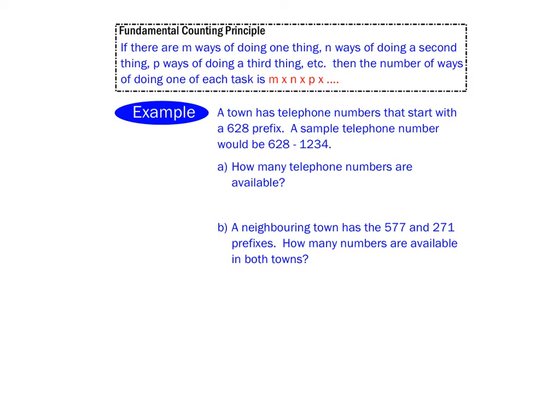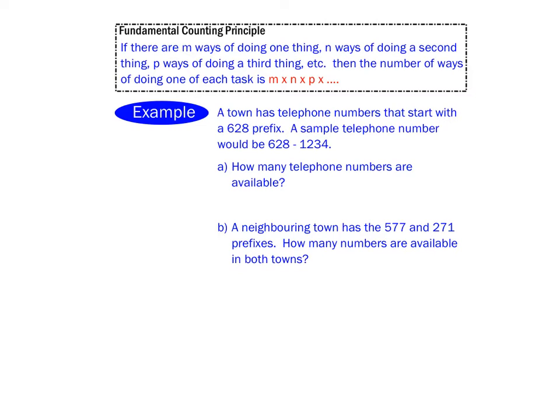If there are m ways of doing one thing, n ways of doing a second thing, p ways of doing a third thing, and so on, then the number of ways of doing one of each task is m times n times p, and so on. So going back to the last thing that we had, we started with a beep, a buzz, or a chirp.